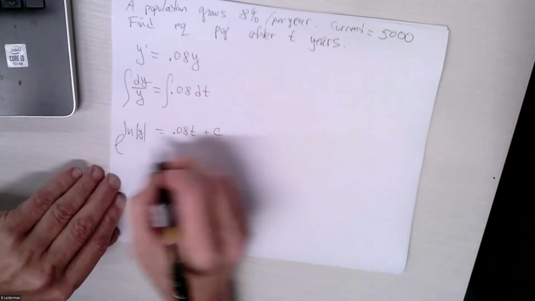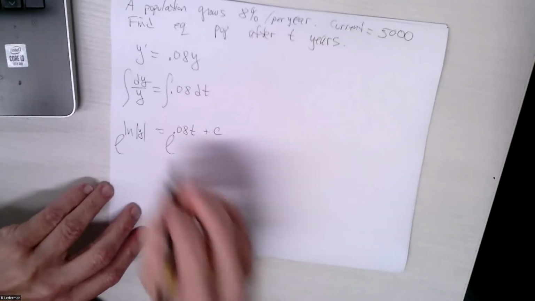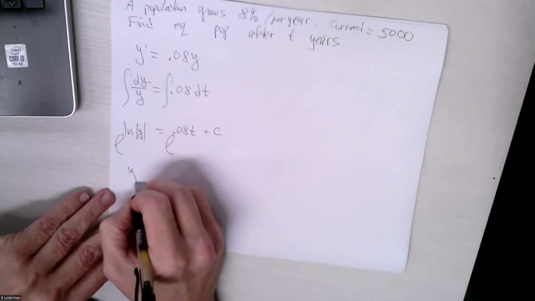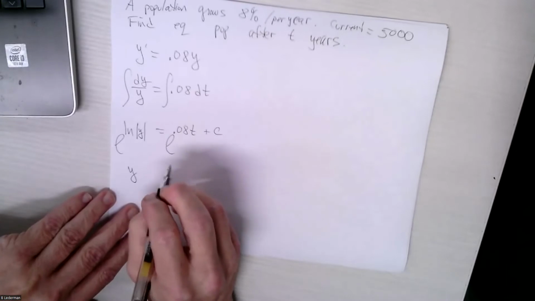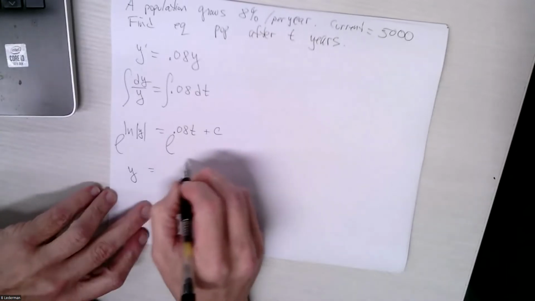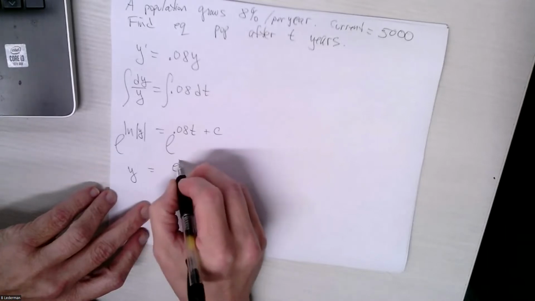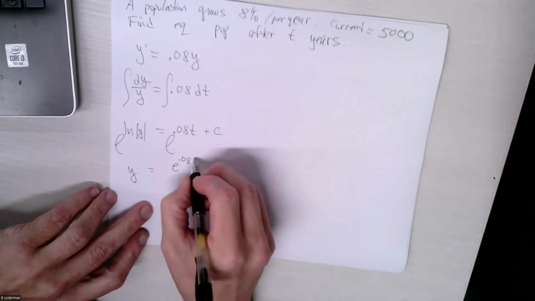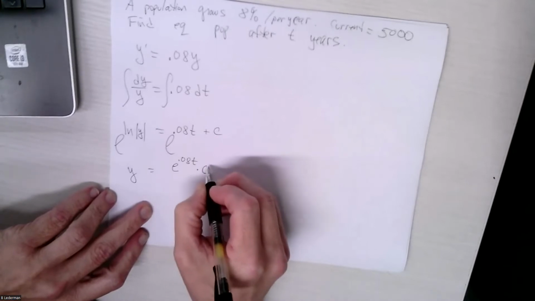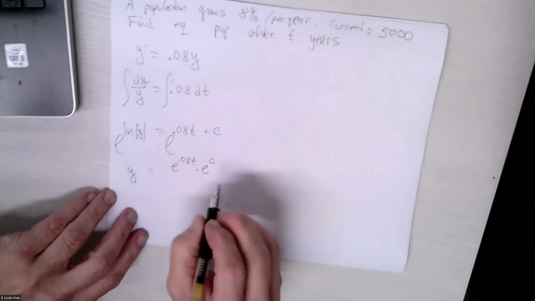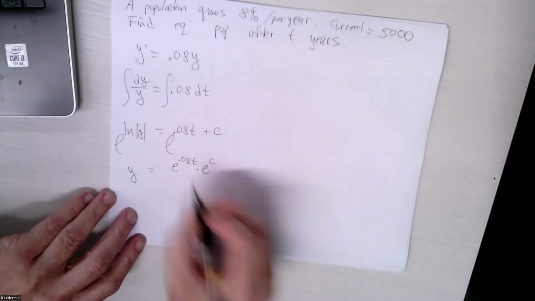And I exponentiate each side, and this becomes y equals e to the 0.08 t times e to the c, but I'm just going to call that a.